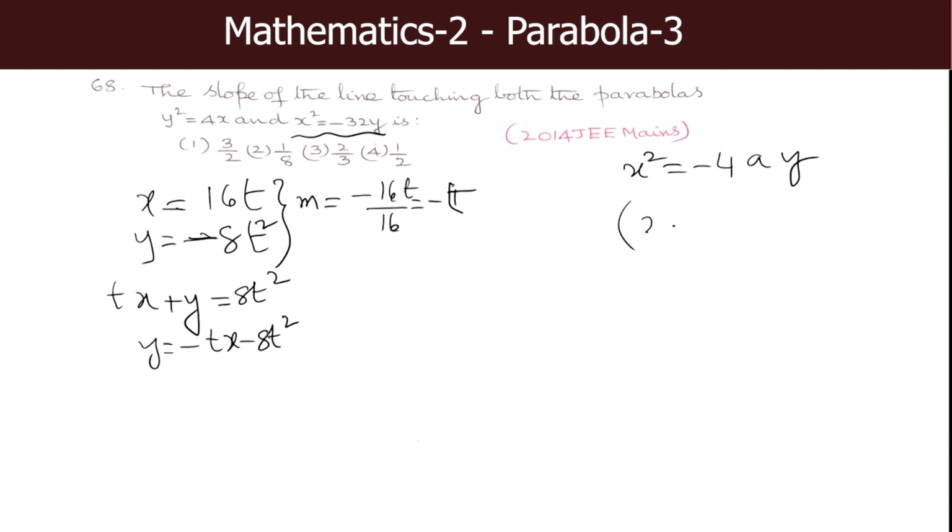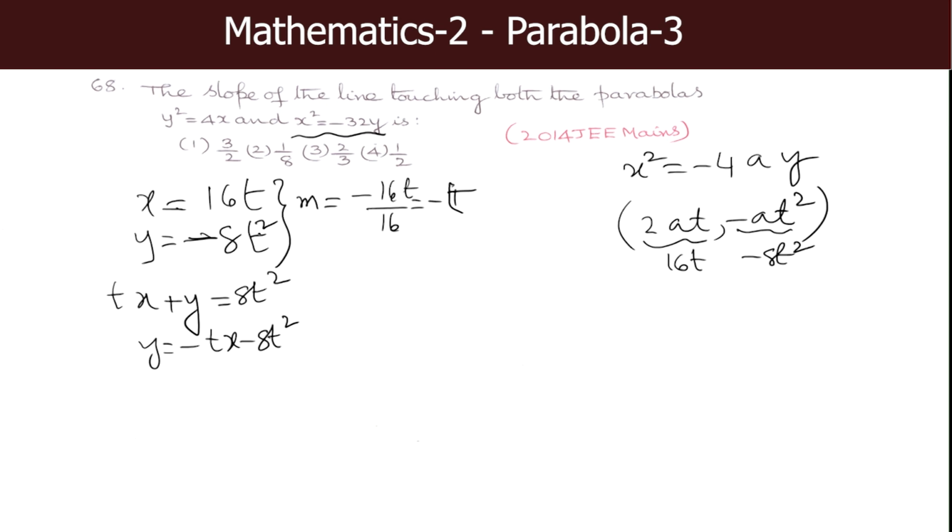So, 2at, minus at square, where a is here 8. So, this is 16t, this will be minus 8t square. I hope I am clear.